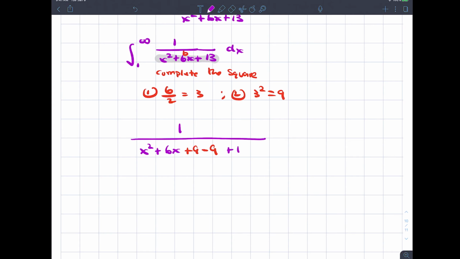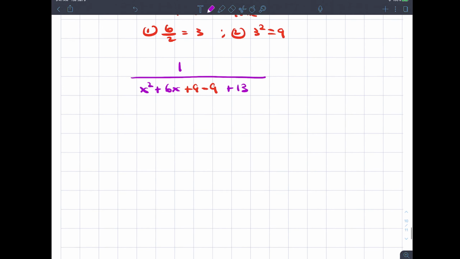And then you have that plus 13. By completing the square, ladies and gentlemen, we get x plus 3 squared, because you factor the first 3 terms, and we did. Then you add the last 2 terms, and that's plus 4. So you're going to integrate from 1 to infinity dx.